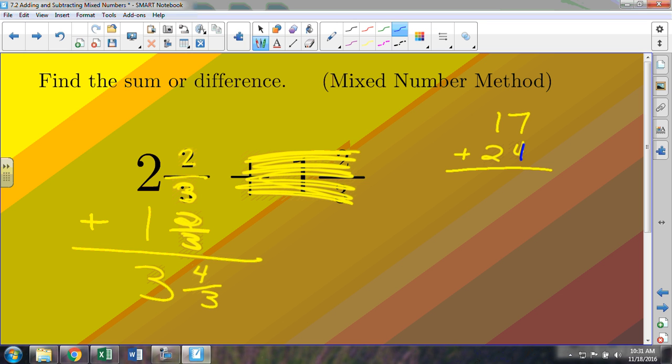This piece is correct, but of course, you'll notice this one has an improper fraction. And we discussed before that whenever you have a mixed number, it's not okay to have an improper fraction inside your mixed number. And so this is something we have to fix.